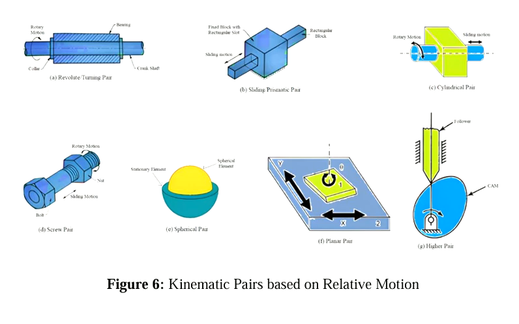In this diagram, we will understand the degrees of freedom for different kinematic pairs. The first one is the revolving or turning pair. There the degree of freedom will be 1.